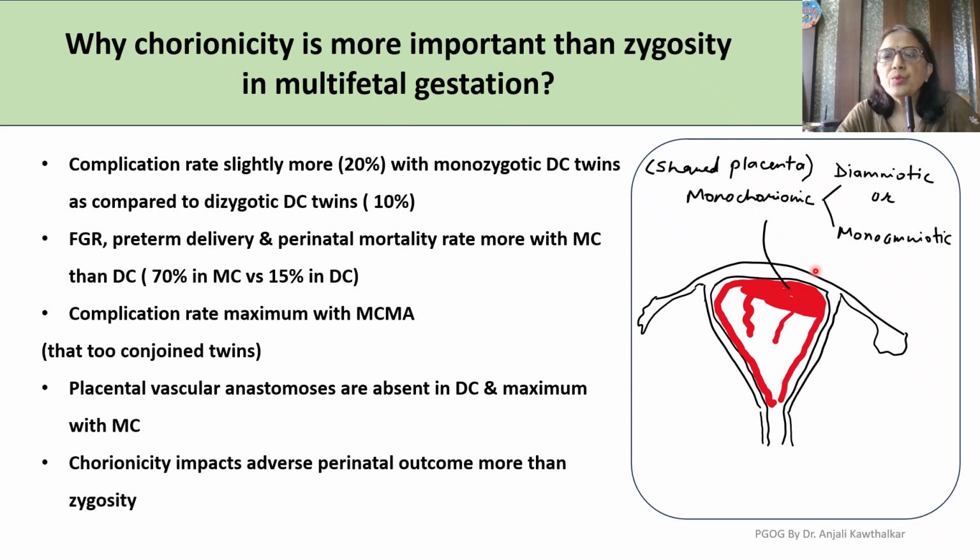What is happening with monochorionic is that it is a shared placenta, one placenta being shared by two babies, and whether it is diamniotic or monoamniotic, the placental sharing will always be there, and that is the reason monochorionic twin pregnancies are associated with greater complications as compared to dichorionic pregnancies.